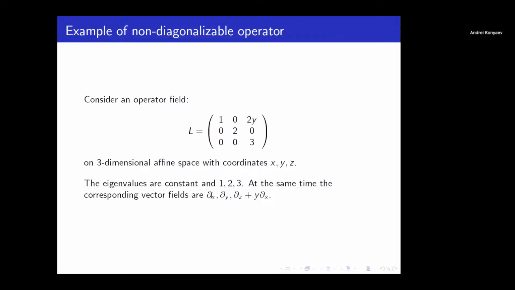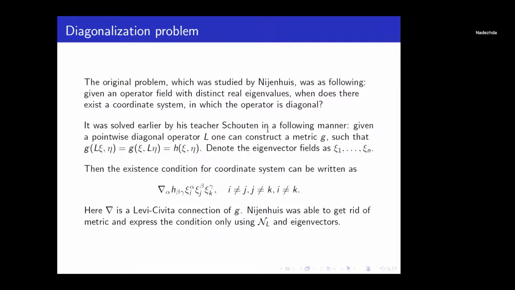So we proceed to the example of a non-diagonalizable operator. We start with the simplest possible operator. Sorry, one more question: I don't understand why we write this condition.